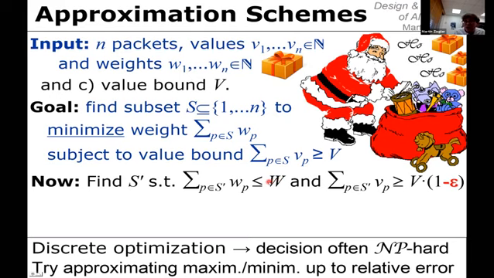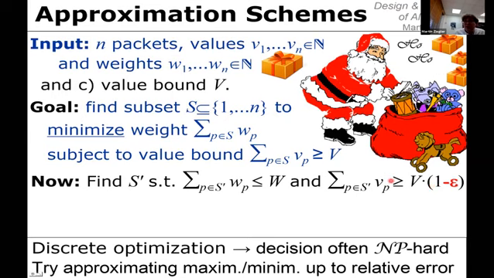They won't let you board if the weight of your luggage is too heavy, but your family may be a little bit lenient. So if the total value of your presents is a little bit less, a little bit meaning by a factor of 1 minus epsilon less, right? So that's less than 1, then they are still happy. So this is for maximization problems.